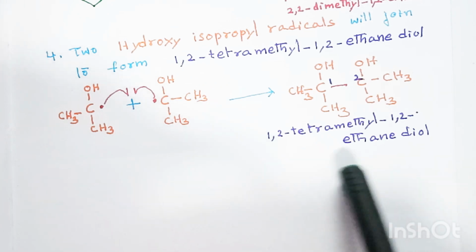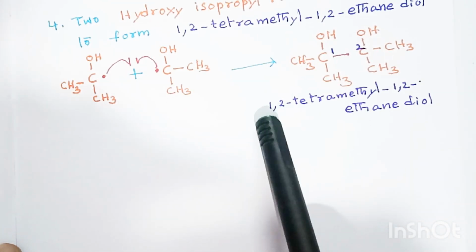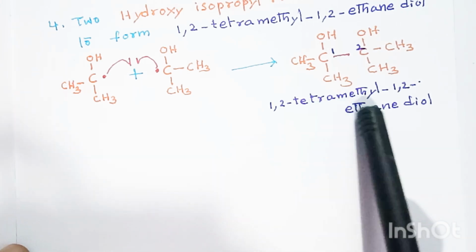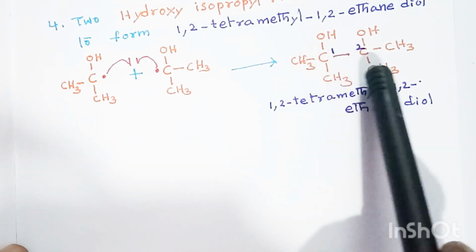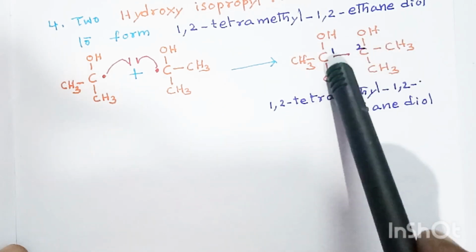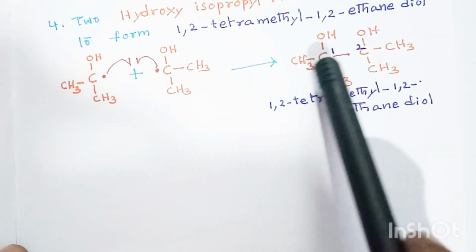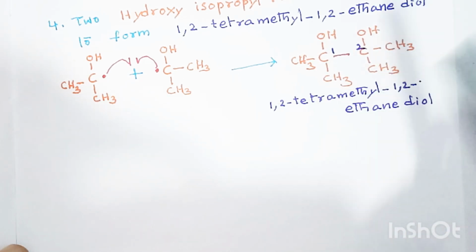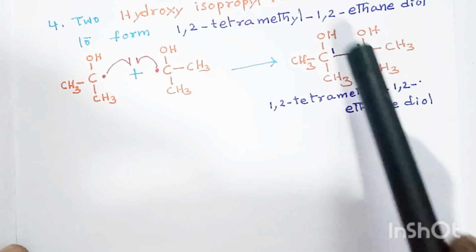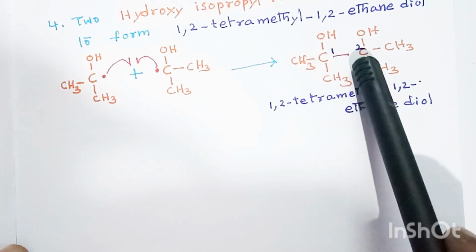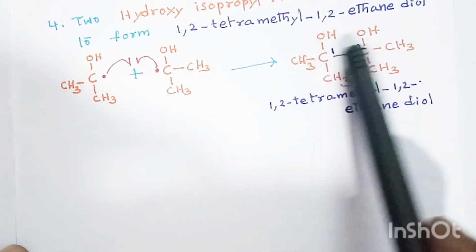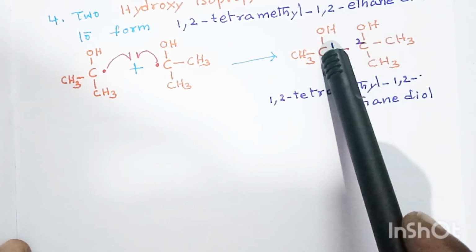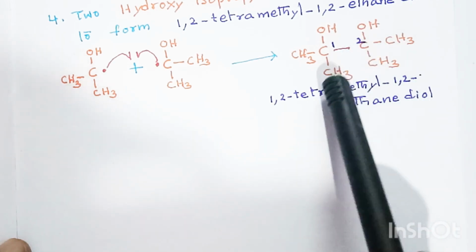So this is 1,1,2,2-tetramethyl, four methyl groups altogether on the first carbon and the second carbon, and 1,2-ethane diol, because two hydroxyl groups are present, one on each of the first carbon and second carbon.